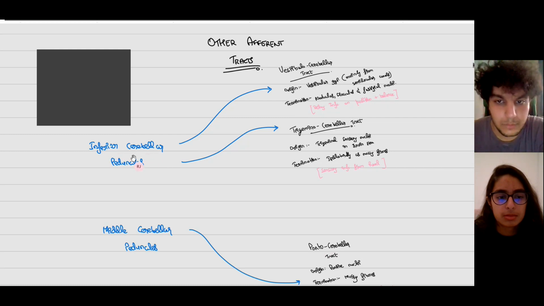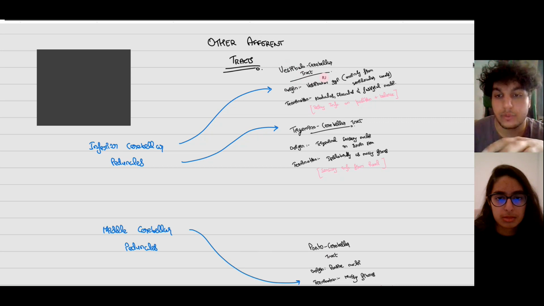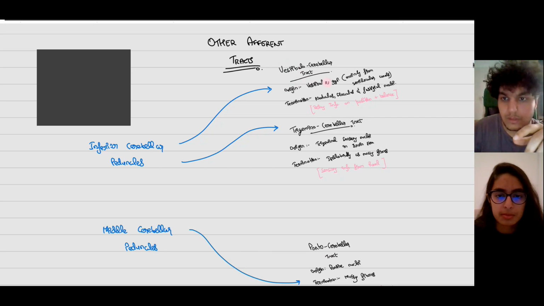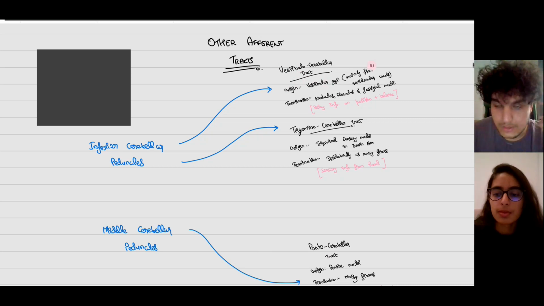So coming to the inferior cerebellar peduncle, you have your vestibulocerebellar tract. Vestibular, when you hear the word, you just immediately think of what, auditory signals, right? Because of your vestibular nucleus in your medulla. That's exactly what it does. It originates at the vestibular ganglion, right? Specifically from the semicircular canals in your ear.